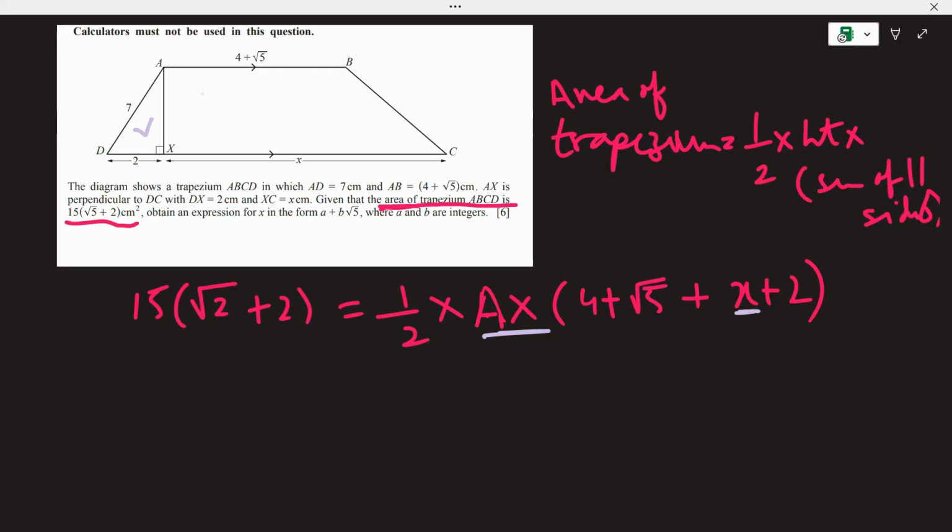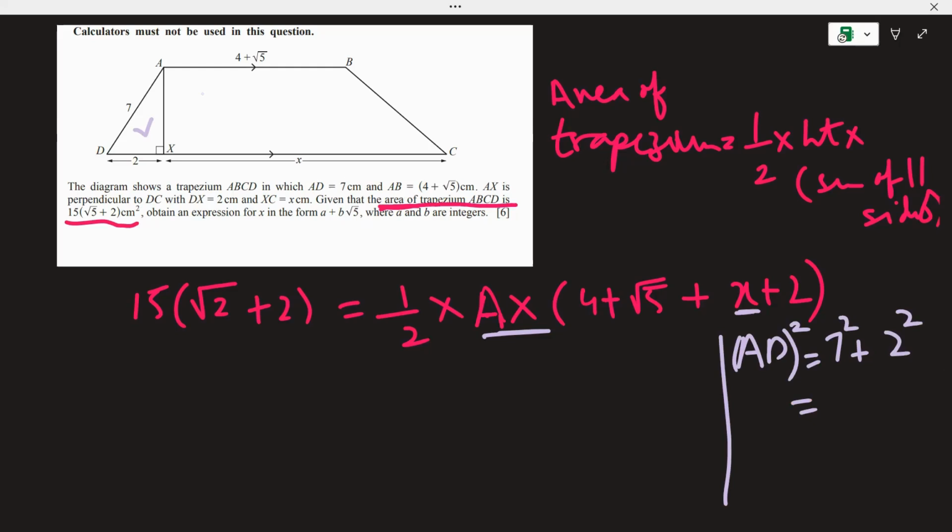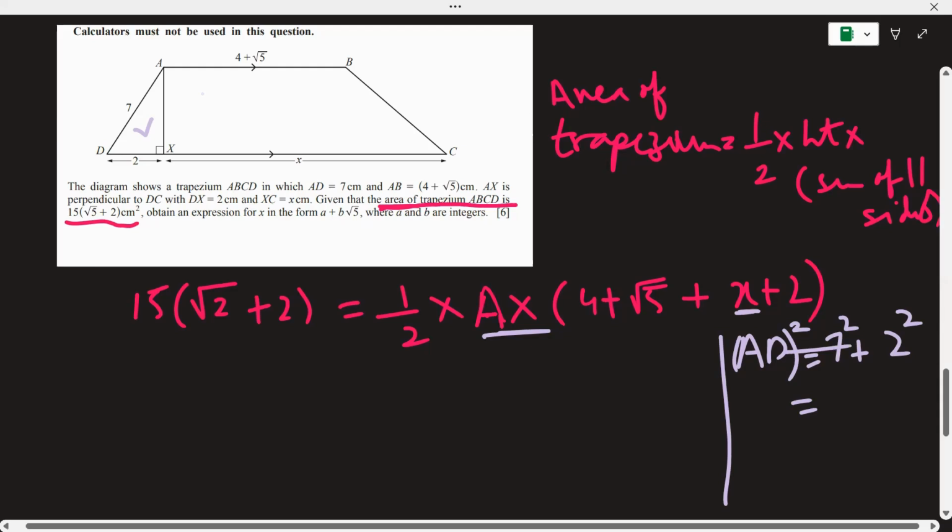You will write here AD square. We can use this calculation over here. AD square is equal to perpendicular square plus base square. So this is 49 plus 4, which is 53. Oh, sorry, AD square is, one minute.